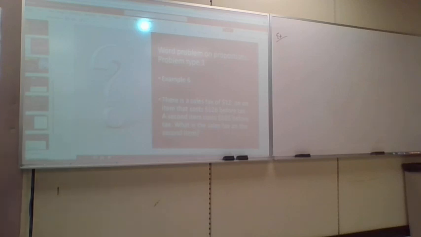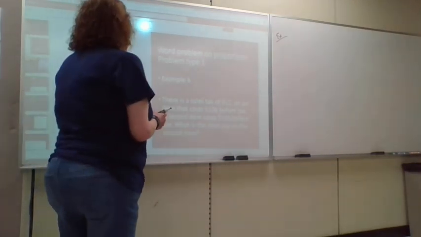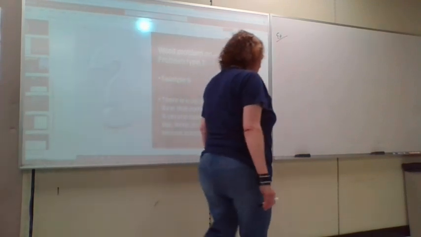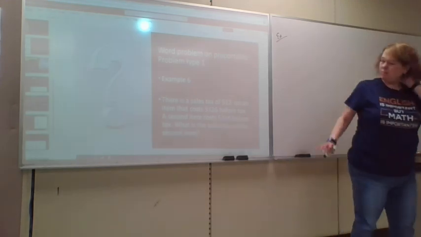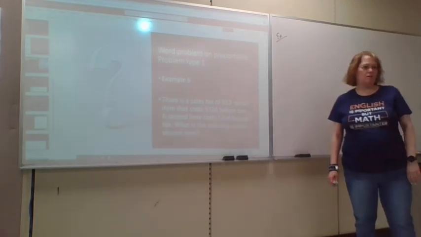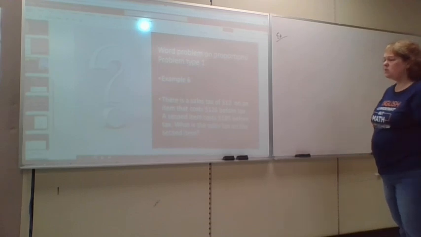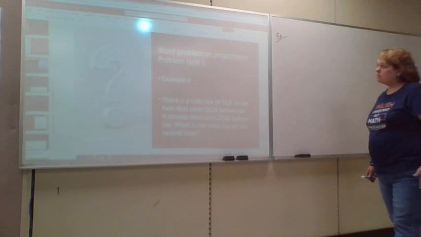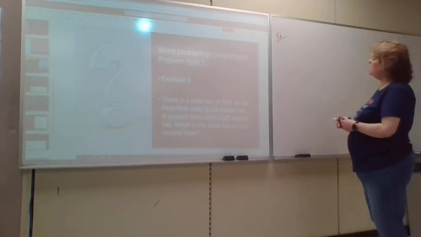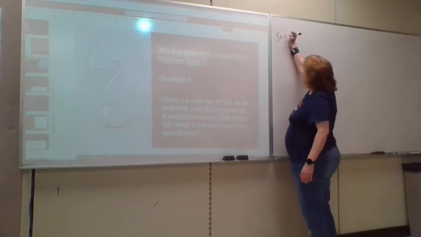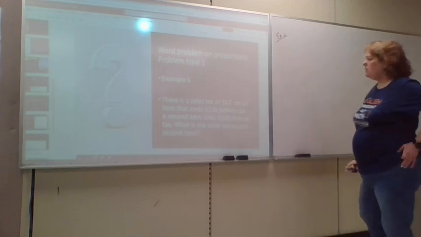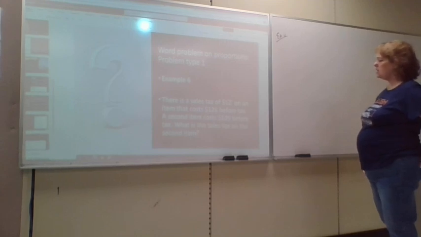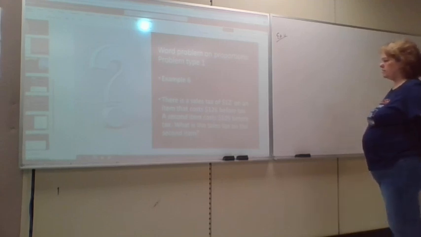Okay, moving on to a word problem on probabilities, type 1. A lot of people have come to me and said, Miss Jackson, the problem I have is with word problems. What you have to do is decipher what information you need to figure out how to set it up. So let's look at example 6. There is a sales tax of $12 on an item that costs $126 before tax.